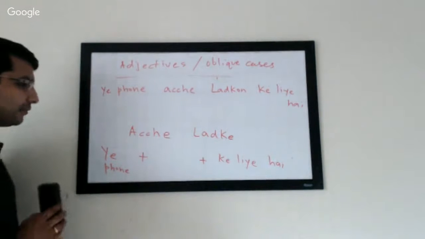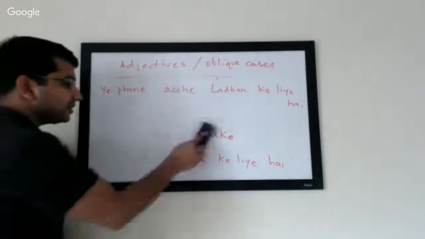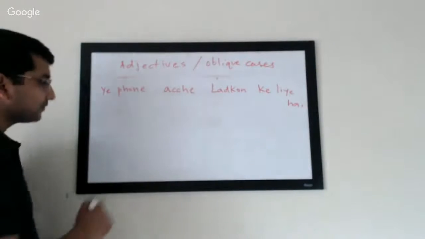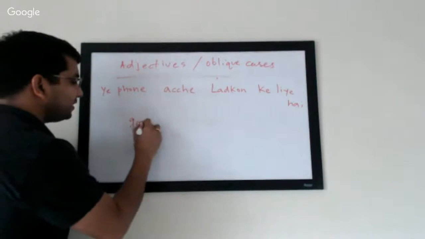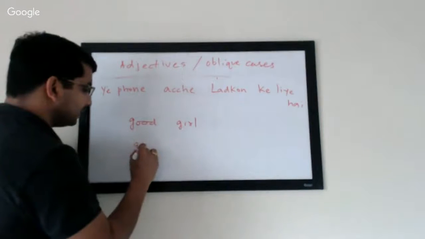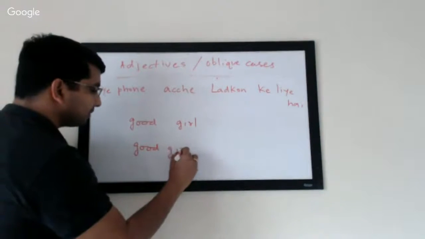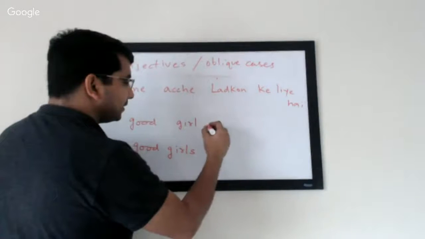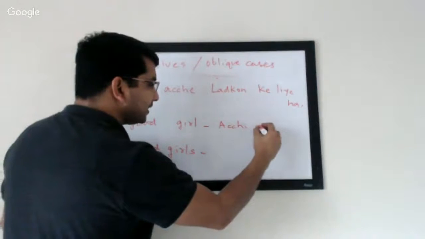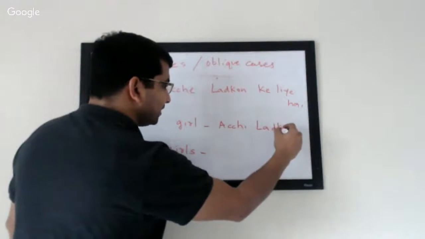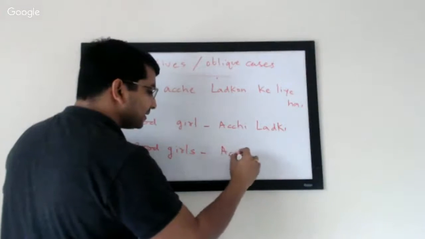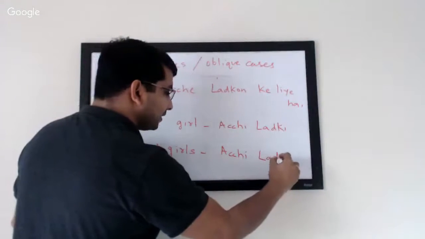Now let's look at how this works in the case of feminine singular and feminine plural. In case of girl, it's good girl, good girls. So it'll be अच्छी, girl is लड़की, अच्छी लड़की, and this one is good girls, अच्छी लड़कियां.